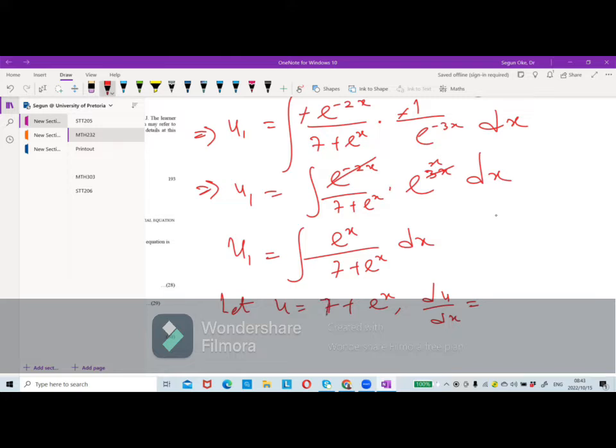Differentiate this now. That'll be exponential x. Because remember, 7 will have turned to 0. Zero is a constant. By the time you cross multiply, the du will be equal to exponential x dx.